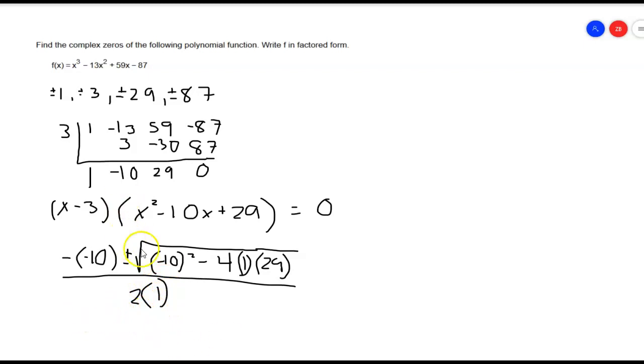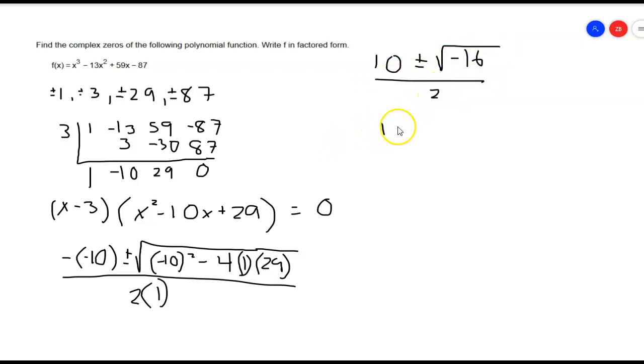All right, so now I'm going to go ahead and work this out. So this is 10 plus or minus the square root of 100 minus, what's 4 times 29? That's going to be 116. So 100 minus 116 is negative 16, all over 2.